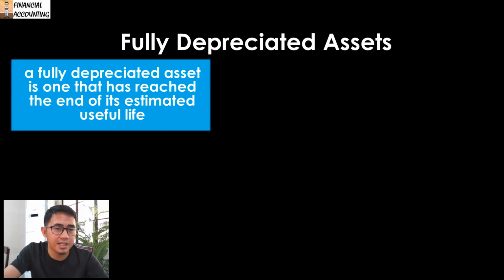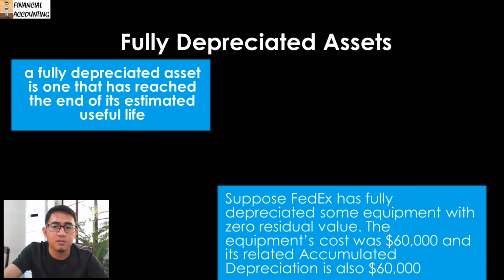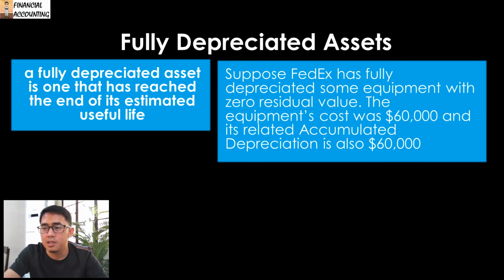Okay, a fully depreciated asset is an asset that has reached the end of its useful life. Most assets will reach the end of their useful life. Suppose Fedex has fully depreciated some equipment with zero residual value. The equipment's cost was 60,000 and its related accumulated depreciation is also 60,000.